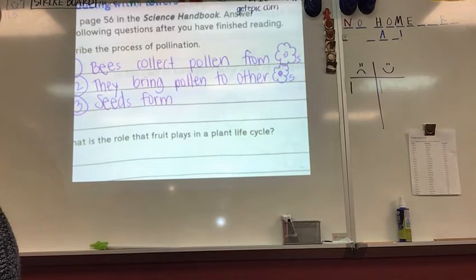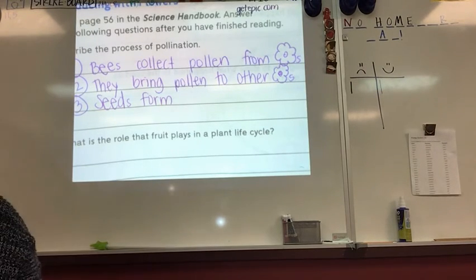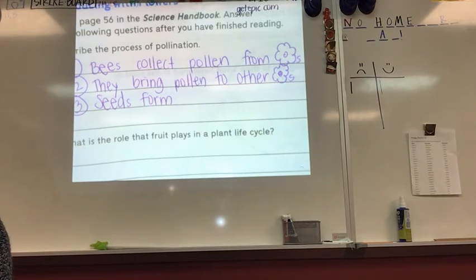And that, third grade, that's the whole pollination part. Because after that, it's the plant taking over and the fruit forming and then it falling and continuing the life cycle. But this part is the pollination part.